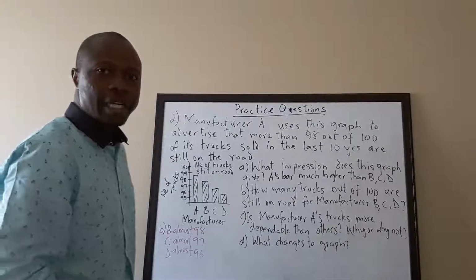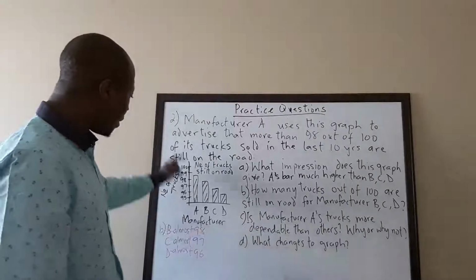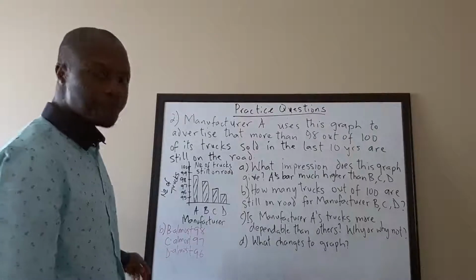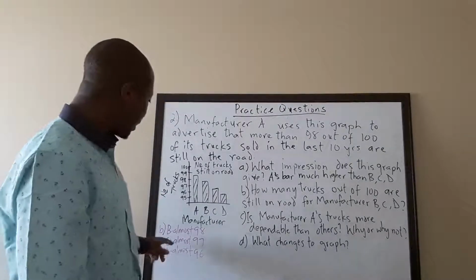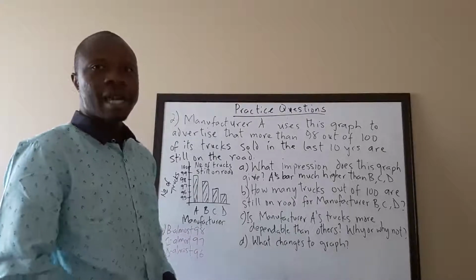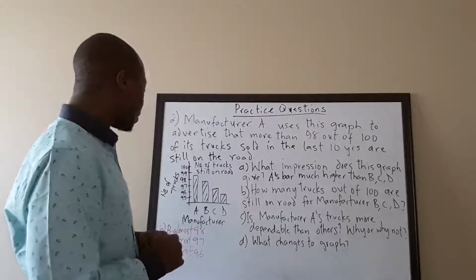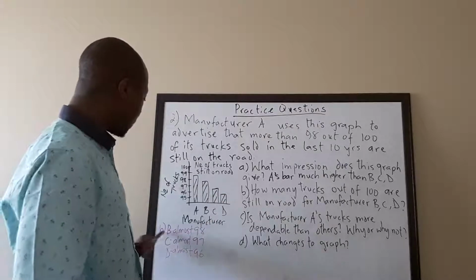So we can see here that for manufacturer B, almost 98 out of 100 are still on the road. For manufacturer C, almost 97. For manufacturer D, almost 96 out of 100 are still on the road. So that's the answer to question B.